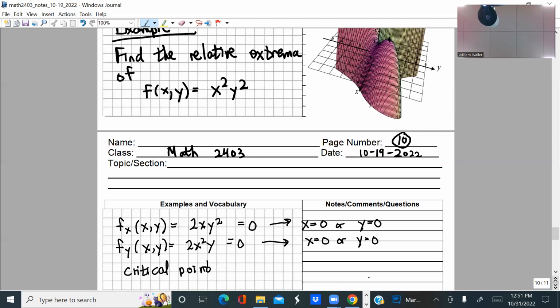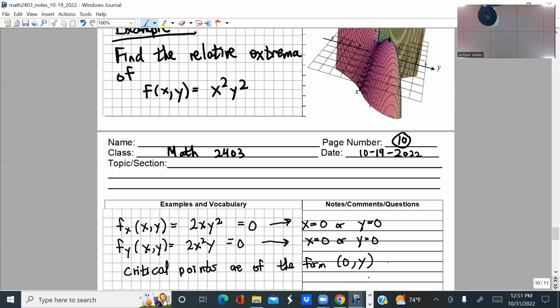Critical points are of the form where x is 0, but the y can be anything. All points that look like this, x equals 0 but y can be anything, are going to be critical points.